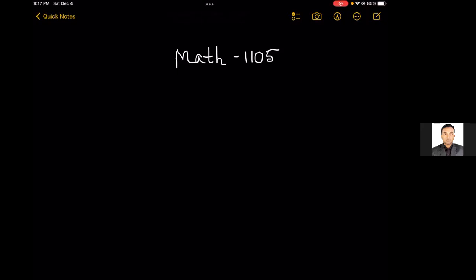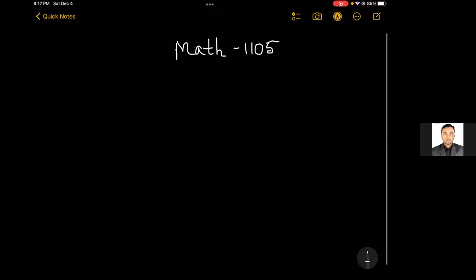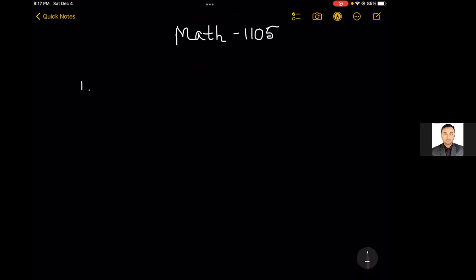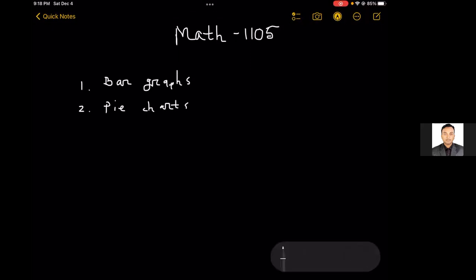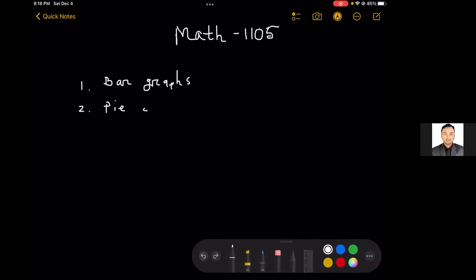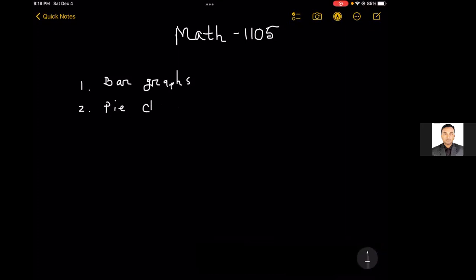If you remember, we did discuss 5 different types of graphs. Let me write the names real quick so that you can remember. I'll start with this. Obviously, we had bar diagrams, right? And then we had pie charts. Apologies for the handwriting because it's not the traditional Apple Pencil.